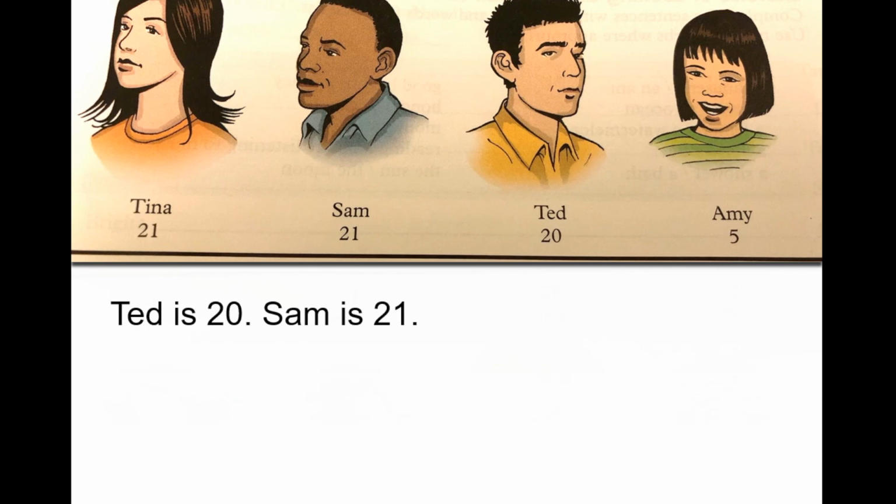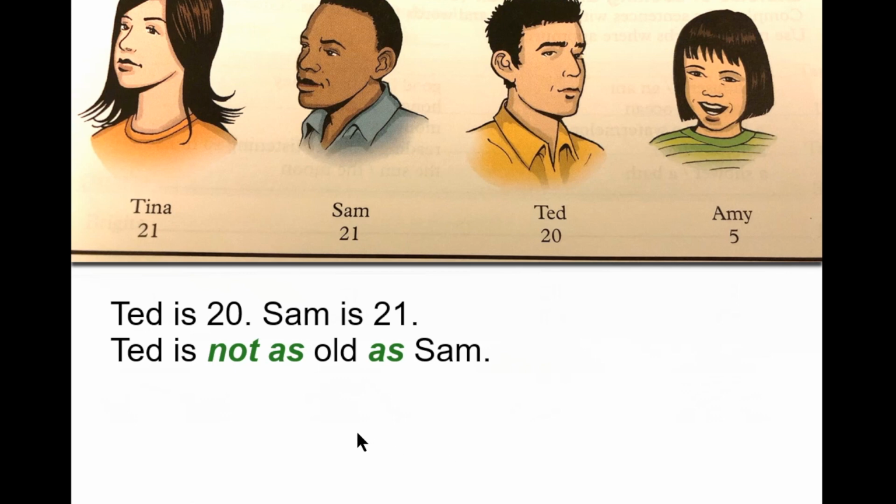Next, let's take a look at Ted and Sam. Ted is 20, Sam is 21. Since they are not the same age, you will say, Ted is not as old as Sam, to show negative.